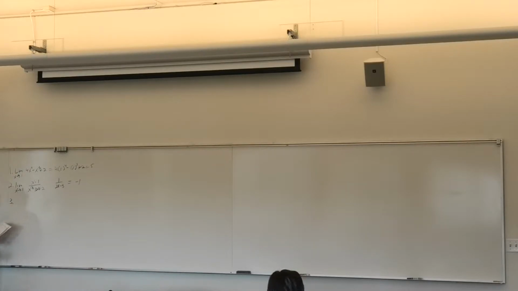Number 3, although using a trig function, is similar, except that you do need to use, is this the limit as x approaches 0? You do need to use L'Hopital's rule. The main error I saw with this is just part of the expression, a brain fart.